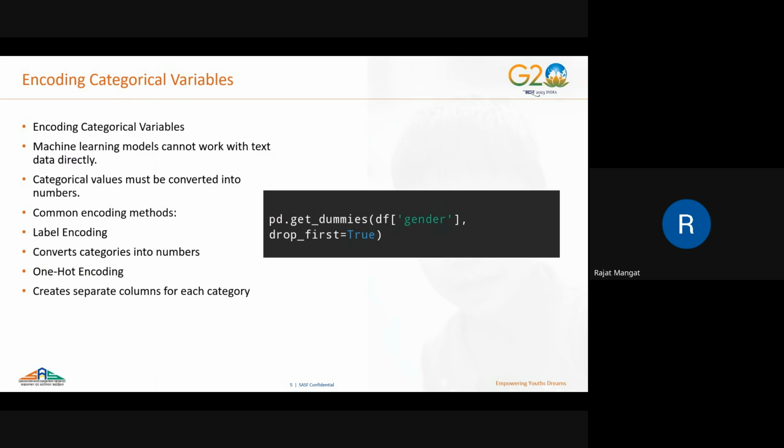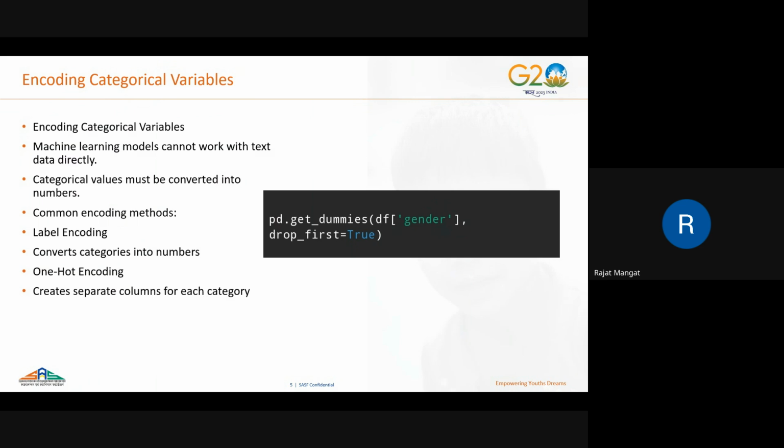The machine does not know what is male, what is female, or the features of each. It is completely unaware of it. So you have to convert that text into numbers, and the process of converting text, for example the word male, into numbers is called encoding. Categorical values must be converted into numbers.